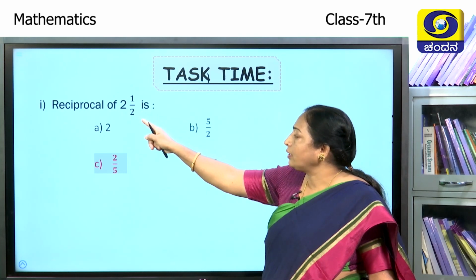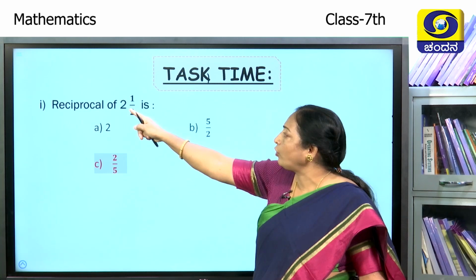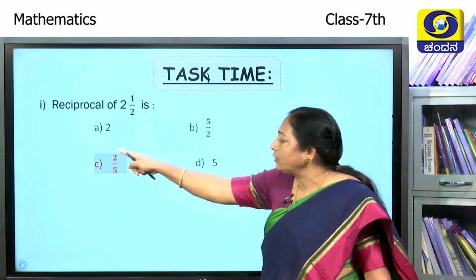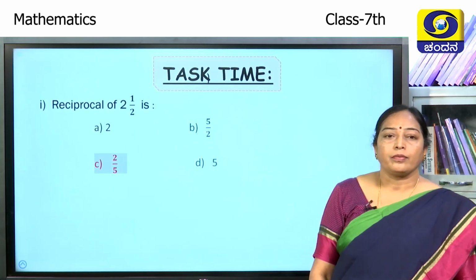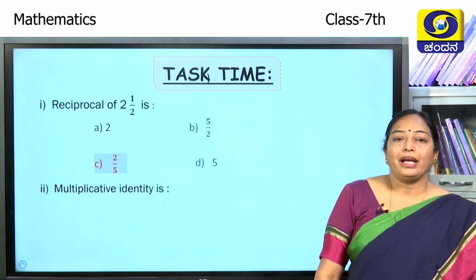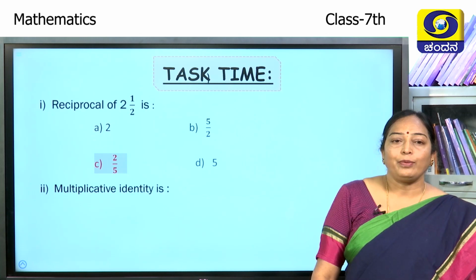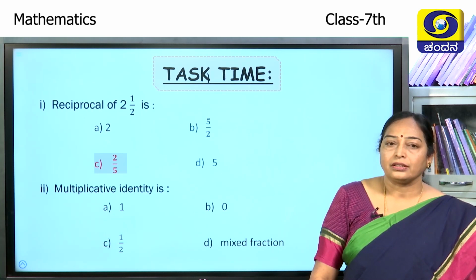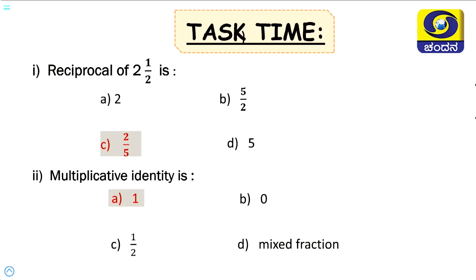The improper form is 2 2s are 4, 4 plus 1 is 5, 5 by 2. The reciprocal of 5 by 2 is 2 by 5. Which is the multiplicative identity? Recall this. Yes, you are right children. 1 is the multiplicative identity.